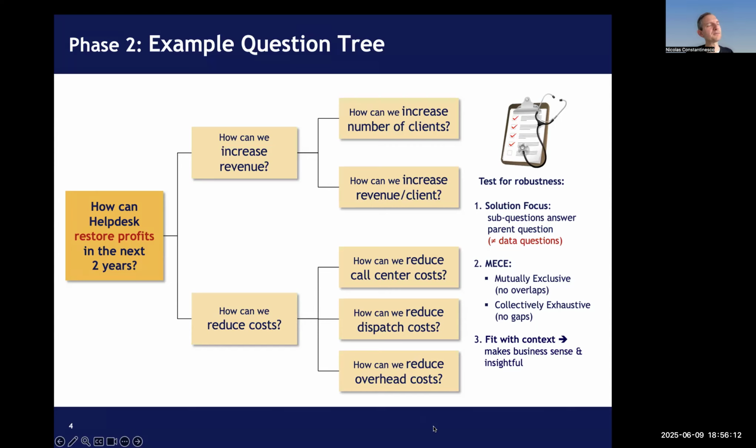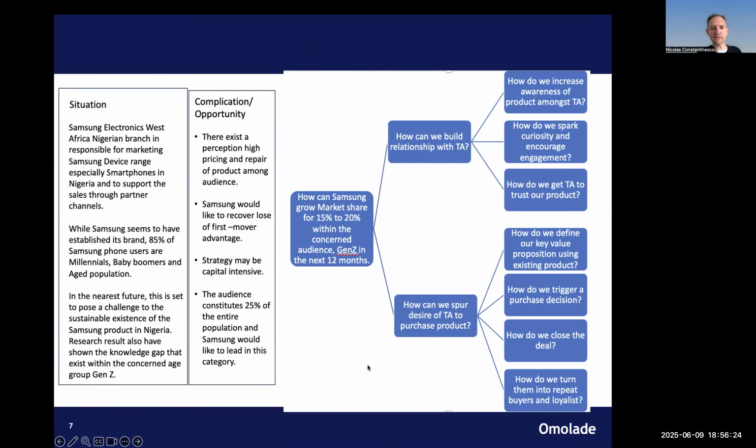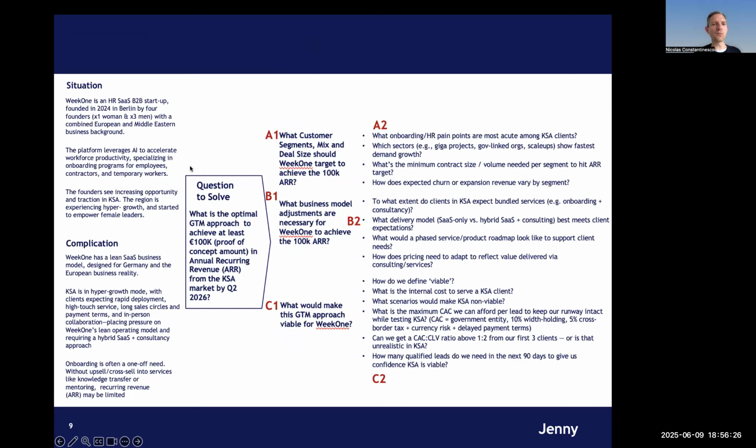When we move to an options question, remember how we break down options questions. The way we think about options questions is in terms of criteria, right? Let me go back to the other one. Which segments should we target? It's an options question because I have a choice between all these segments, and then the question is which ones should I go for. So I'm going to think about it in terms of criteria.